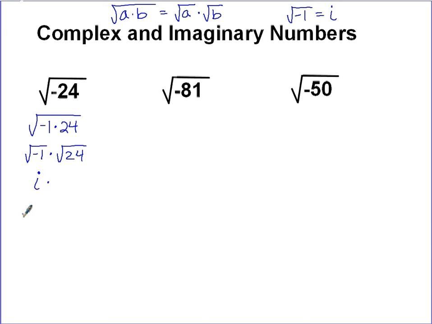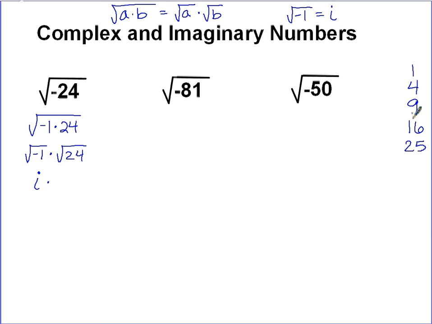Okay, now the square root of 24, we want to try to break up more if we can. We want to try to simplify that more. And what you're thinking of is what perfect squares go into 24, and you want to actually find the largest one. So when I say perfect squares, I mean 1, which is 1 squared, 2 squared, which is 4, 3 squared, which is 9, 4 squared, which is 16, 5 squared, which is 25.